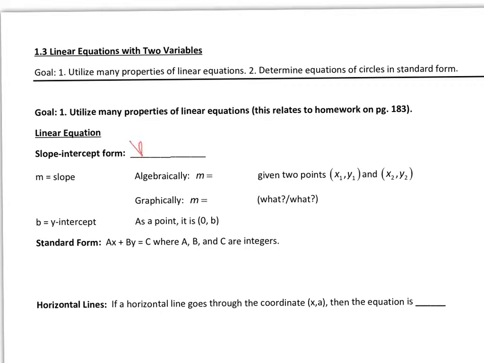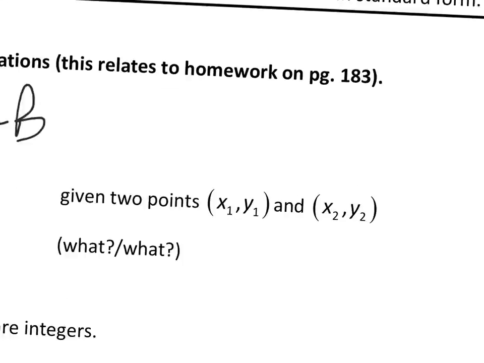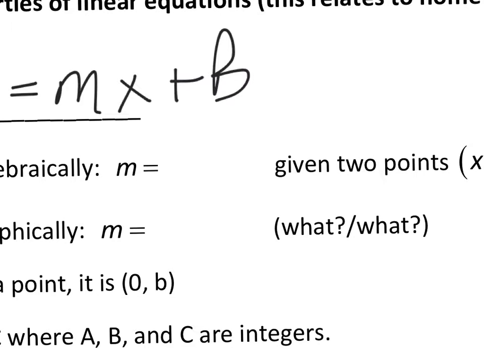Okay, so slope-intercept form, we know this is y equals mx plus b. m is your slope. Algebraically, given 2 points, x1, y1 and x2, y2, it's the difference of the y's divided by the difference of the x's.